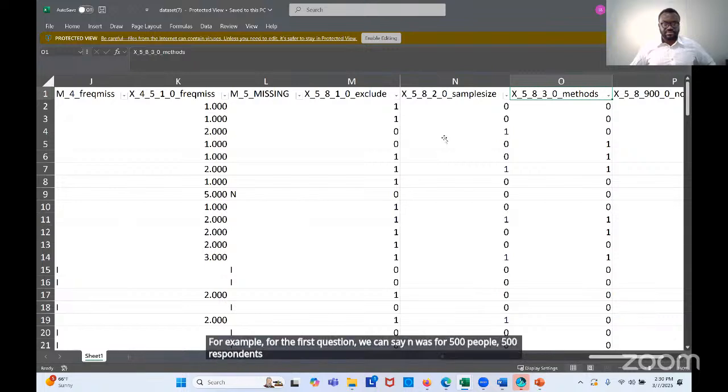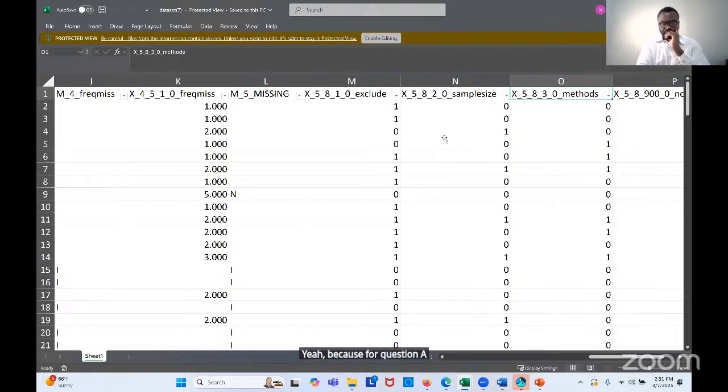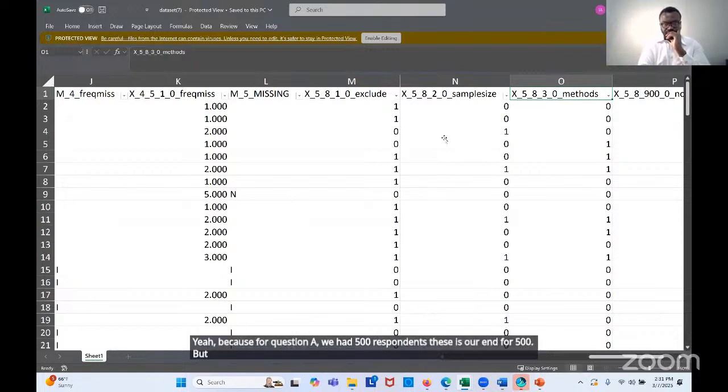But once we move to other questions, for example the third question, we only count the respondents that met the eligibility criteria. So for question 3, we had only 250 respondents because these are the people who met the eligibility criteria. They went through the skip logic criteria and satisfied it.